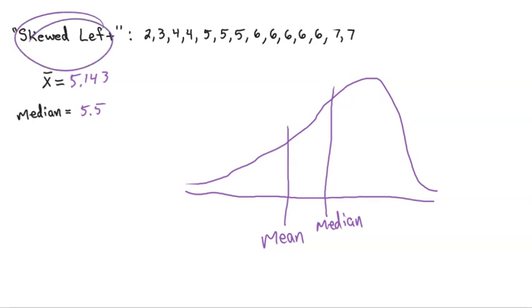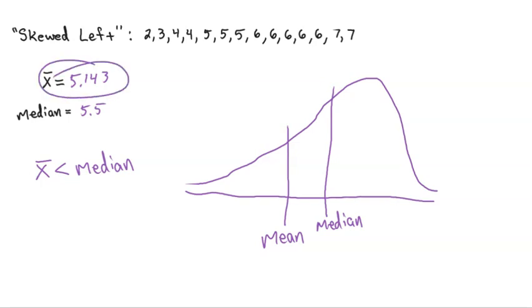And so with skewed left, the mean is less than the median of the data set, okay? So anytime you run descriptive statistics, if your mean is smaller than your median, then you can say that the data set is skewed left.